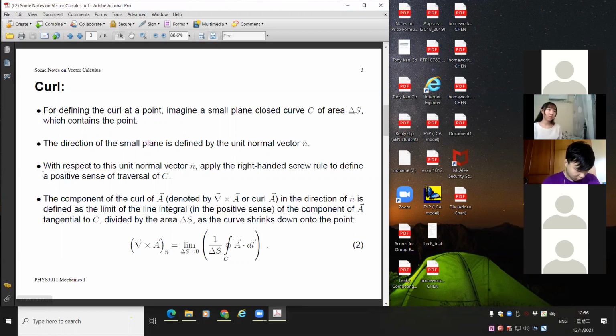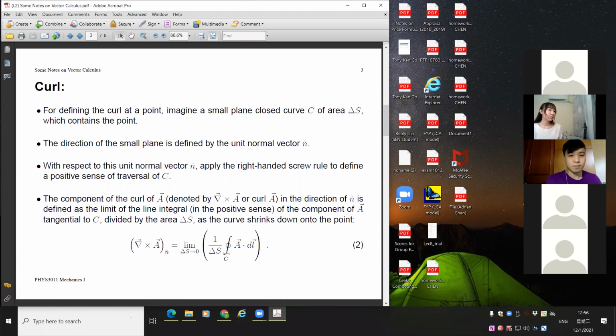With respect to this unit normal vector, apply the right-hand screw rule to define a positive sense of traversal of C. The component of the curl of A is defined by equation 2.